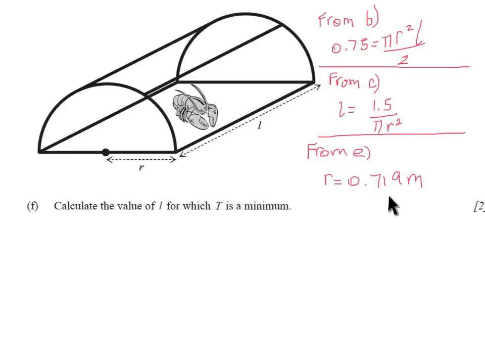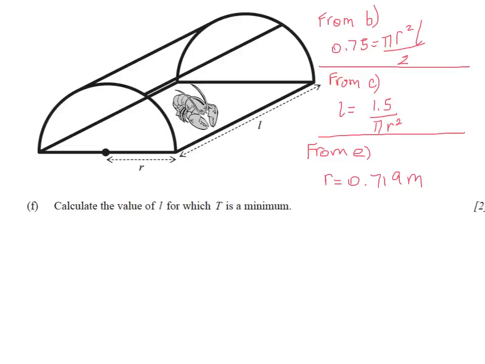We figured out that R that gives us a minimum T value is 0.719. And we also figured out earlier the relationship between L and R. So that's all we need in order to figure out the value of L that we're looking for.